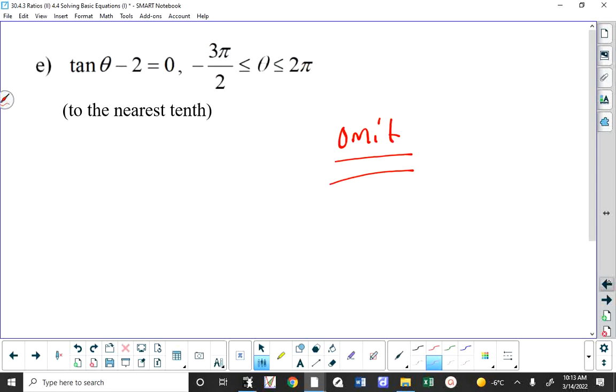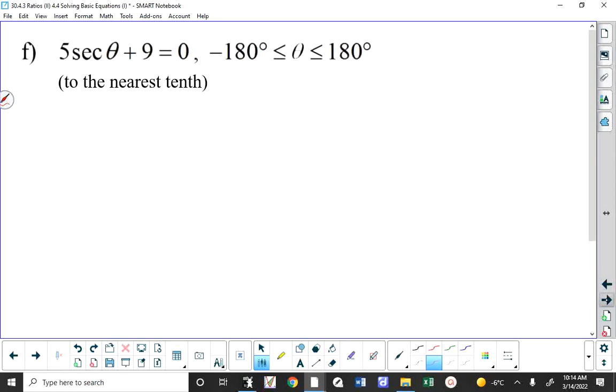And you have to trust me on that. I think going through a question like this where you have this wacky domain from negative 3 pi over 2 to 2 pi right now is more trouble than it's worth in this class. It's going to cause confusion, and I'd rather minimize the confusion. Let's take a look at this last one, and I'm going to omit that one as well because of the weird domain.